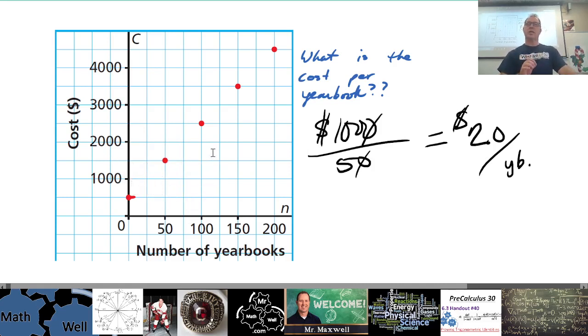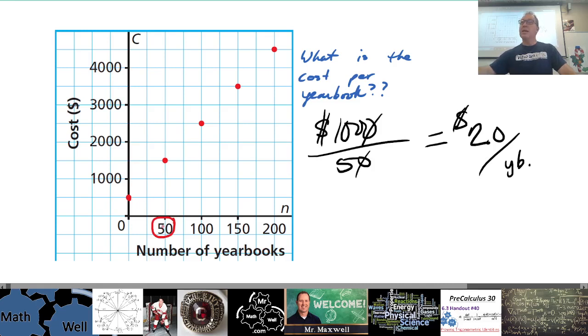If these points aren't connected, it's $500 for 0 yearbooks. That's kind of your printing fee, your flat fee, the cost to the school of ordering a number of yearbooks. Listen up, this is important. What you can infer from this is that you can only order groups of 50 yearbooks. With no yearbooks, there's a printing fee of $500.